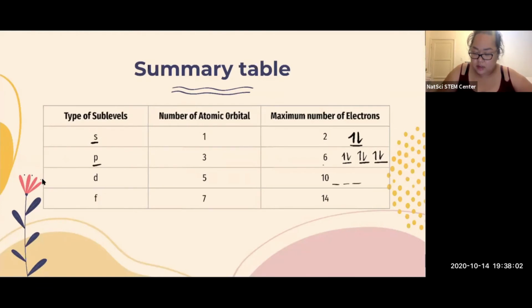D is 10, and F is 14. You can also take a picture of this if you want. It gives you a guideline of how many electrons you can fill for each sublevel.